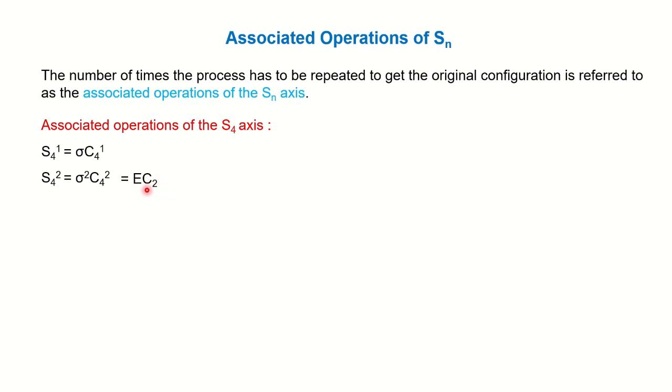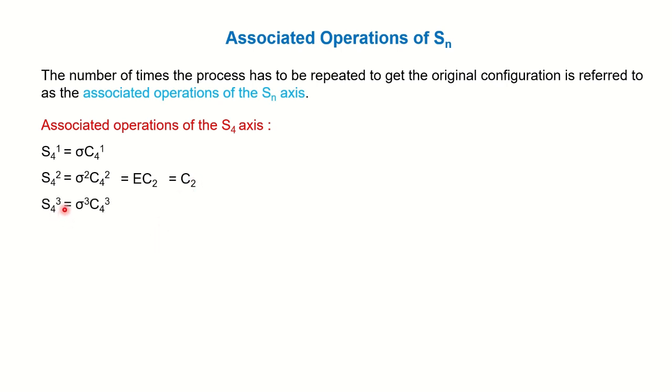And if you multiply any symmetry operation with E, which is identity or considered 1, you will get the same operation, that is C2. So S4 2 you can further reduce to C2. So this operation you can write as C2 axis.